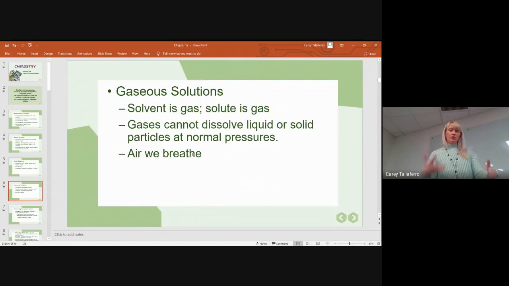And so nitrogen is the solvent, and then all the other gases within that mixture, so oxygen, carbon dioxide, water vapor, etc., those are the solutes in that gas solution.